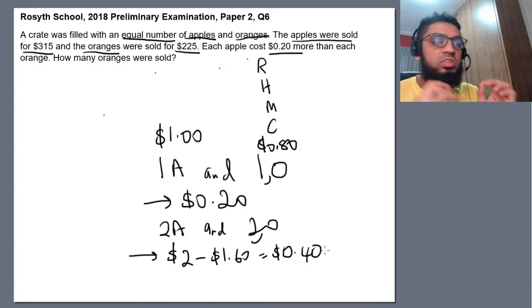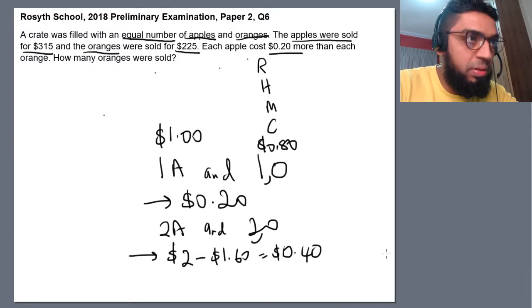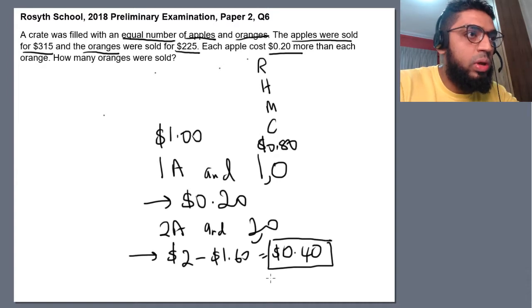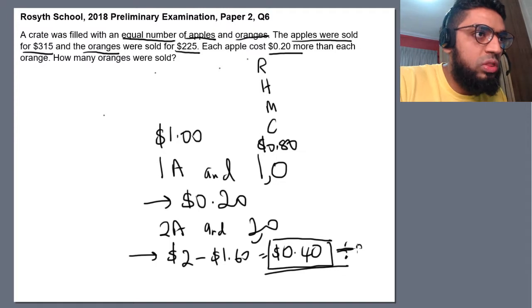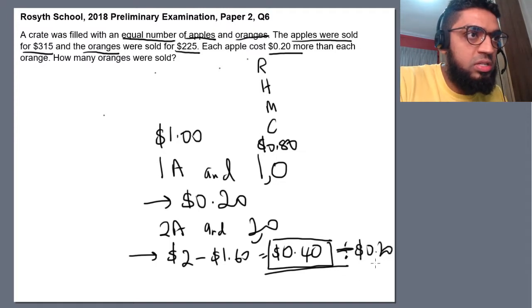Alright, now a very simple way to simplify this problem is to understand that when we get the total difference and we divide this by the unit difference, what is the unit difference between an apple and an orange? That's 20 cents, right? So when we do that, we will get an answer of 2.